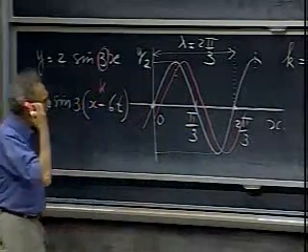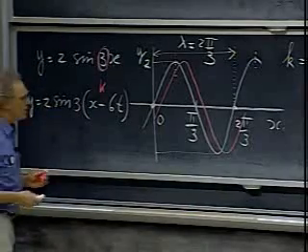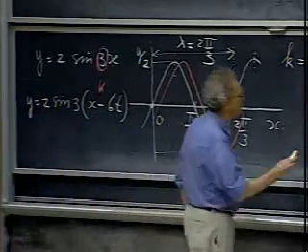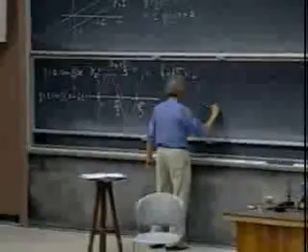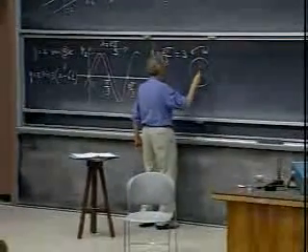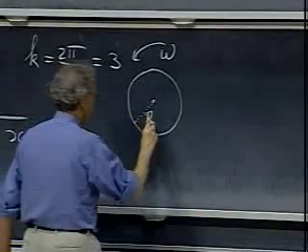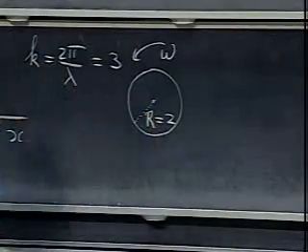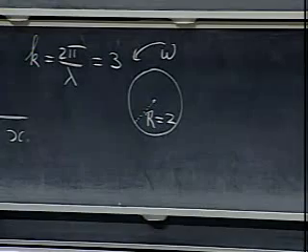Can we make such a traveling wave? Yeah, we can do that actually quite easily. Suppose I have here a rotating wheel, which rotates with angular frequency omega, and let this have a radius r. I give it 2 units so that I get the same amplitude that I had here.